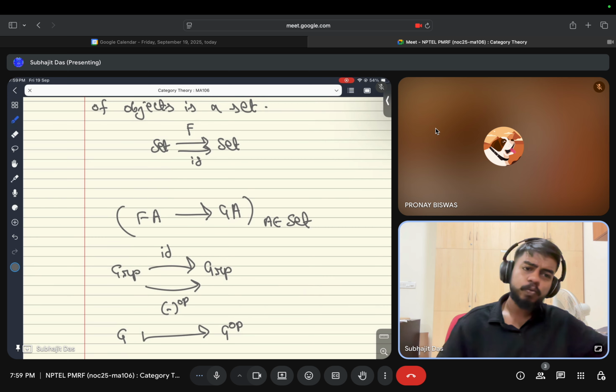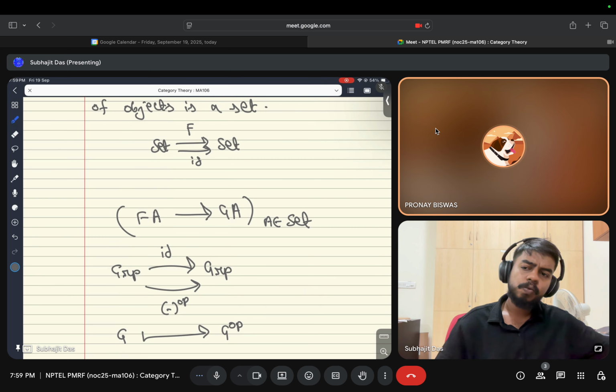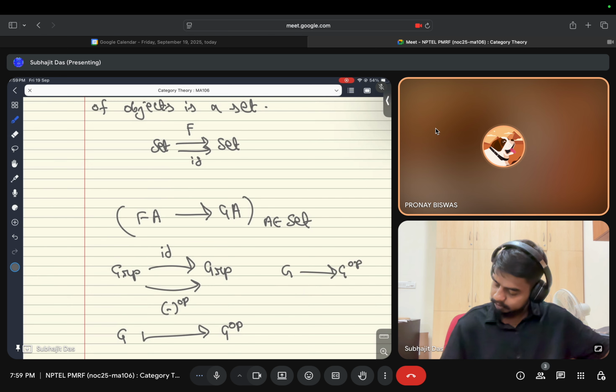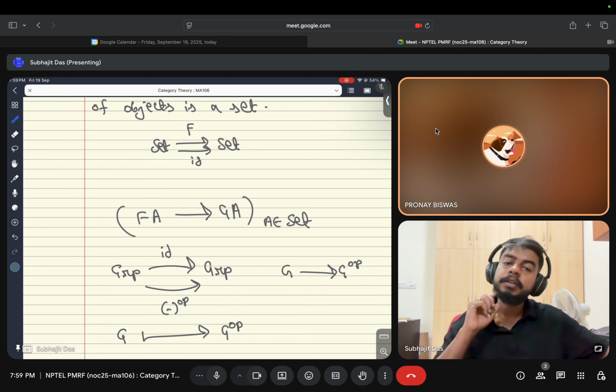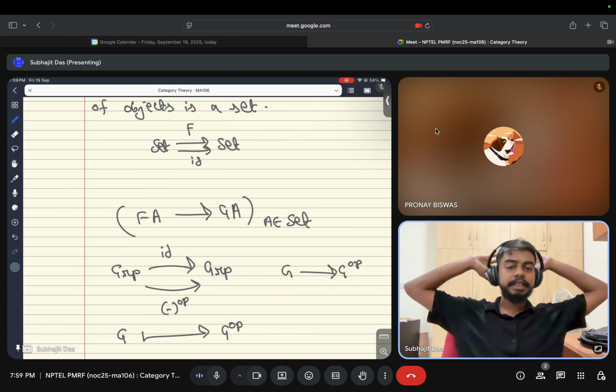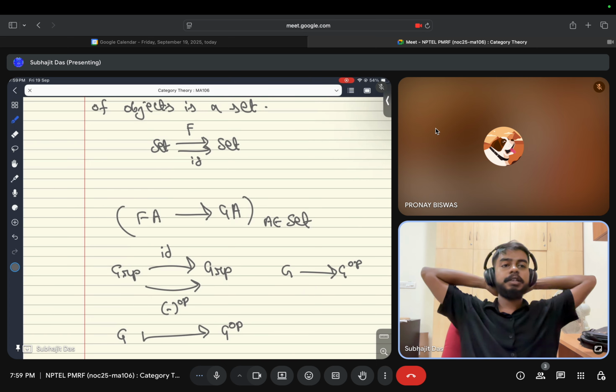Is that true? So G to G op. So what is your isomorphism, the identity map? Because you don't have anything else here that is natural, right?